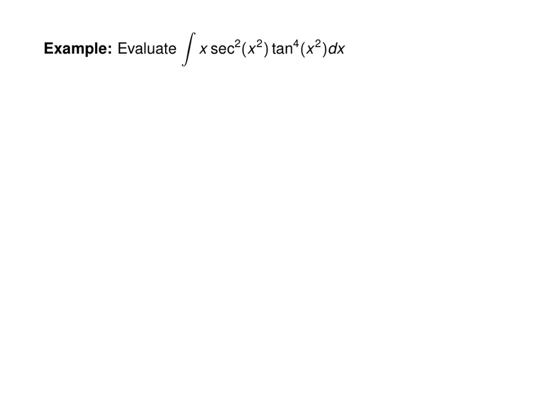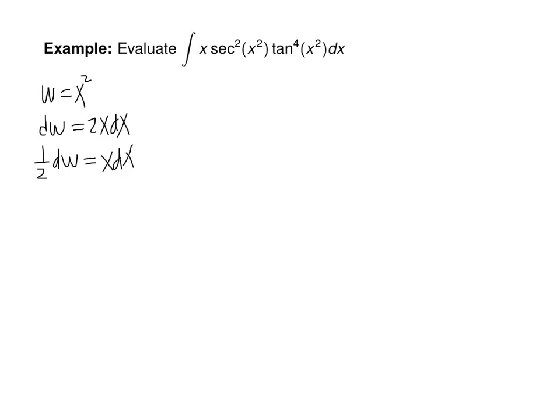Now in this example, we're going to do 2 substitutions in a row. So first of all, I'm going to substitute so I just have secant and tangent of a single thing like u or w. So my first substitution, I'm going to just use w. We're going to let w equal x squared, then dw is 2x dx, or 1/2 dw can substitute for x dx.